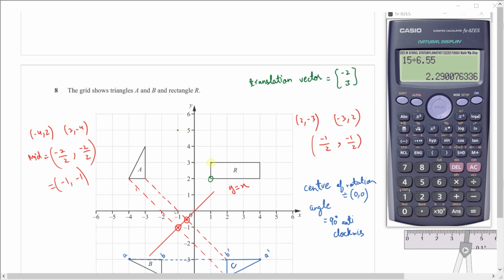And then similarly, this point will move negative 2 plus 3. This point will move negative 2 plus 3. This point will move negative 2 plus 3. So these will be the 4 vertices of your rectangle R after the translation that is represented by this vector minus 2, 3.